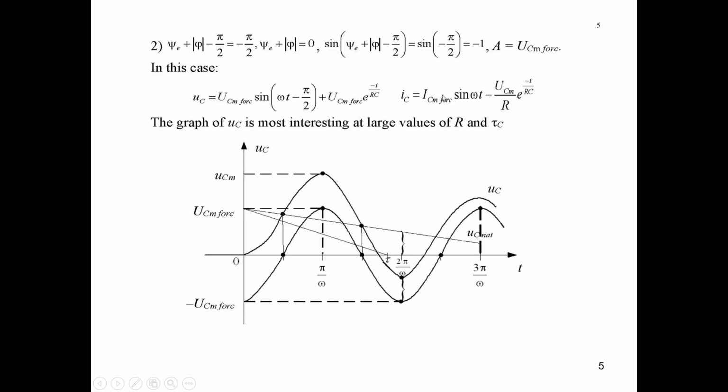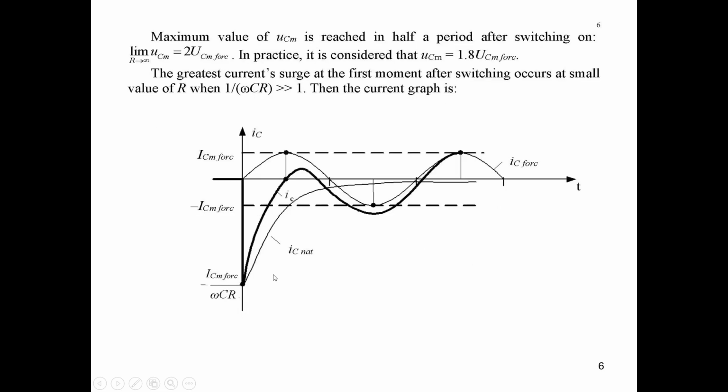You see why it is here. We have uC, sum of uC forced and uC natural, and when R is really small, this coefficient may be really big in comparison with the coefficient before the sinusoidal function. So just at the first moment of the commutation, we may have a really big level of iC natural.